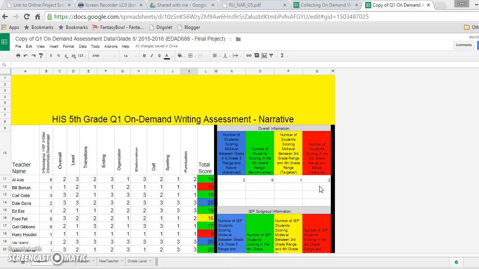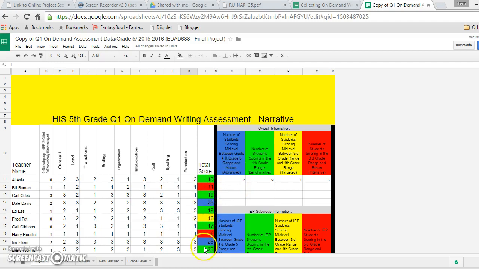They're below level. If their score indicated a mid-score between 3rd grade and 4th grade, they would fall into a targeted level. If their total score was reflective of what a 4th grade writer is expected to do, they would fall in the benchmark level.